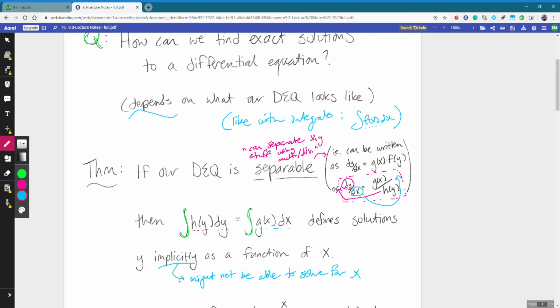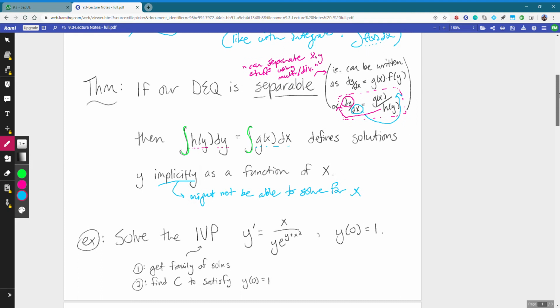But often, we just get an equation with some y's and some x's, and that's the best we can do. We get just a general equation implicitly defining our solution curves. All right, let's see how this goes with two examples. One just kind of abstract, and the other has some physical interpretation and meaning.